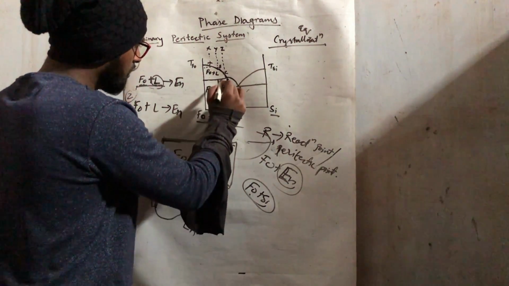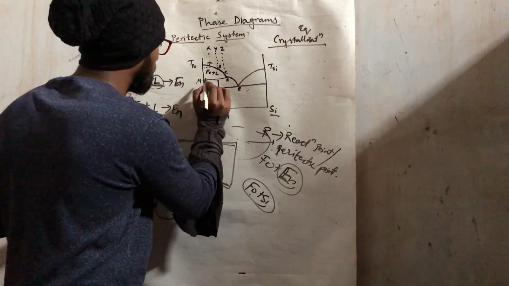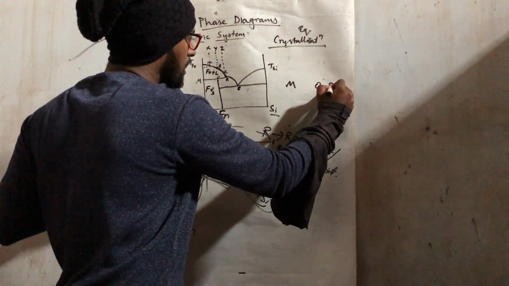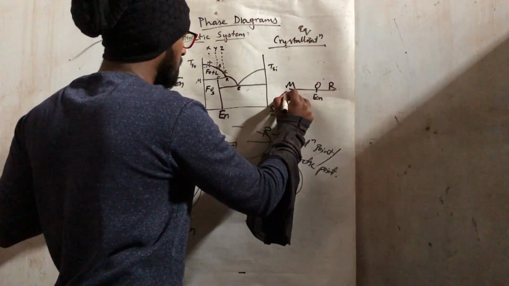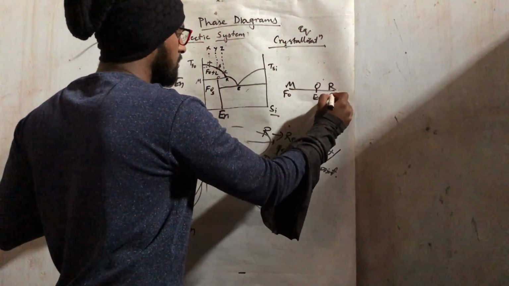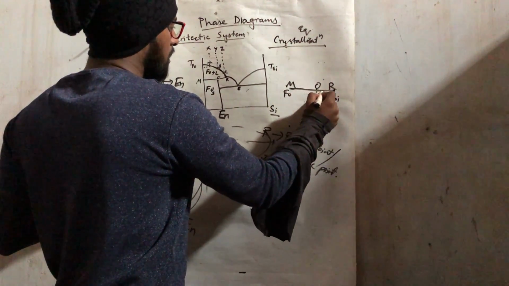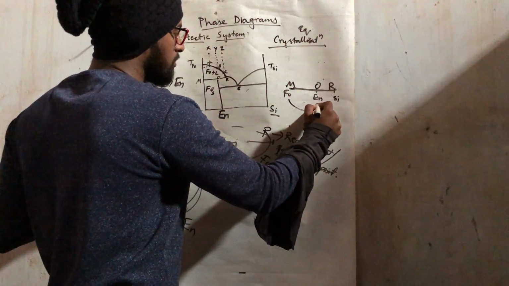Beyond this line, suppose this is M, this is O, R. At M, O and R, this represents enstatite, this represents forsterite, and this represents silica. This line represents that forsterite and silica give rise to enstatite.